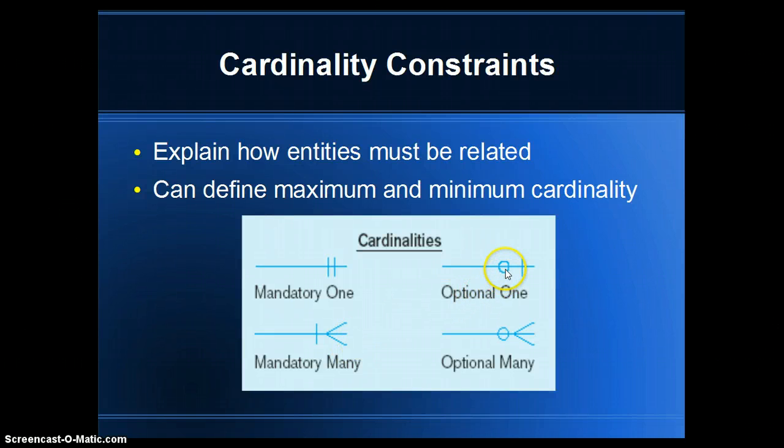Here's optional 1, so an entity must have one or none. Here's optional many, so for optional many, an entity may have a relationship with none, one, or multiple other entities.